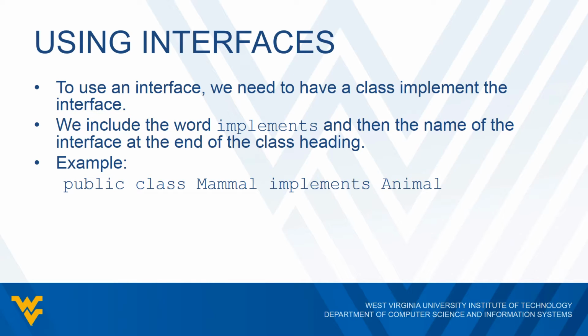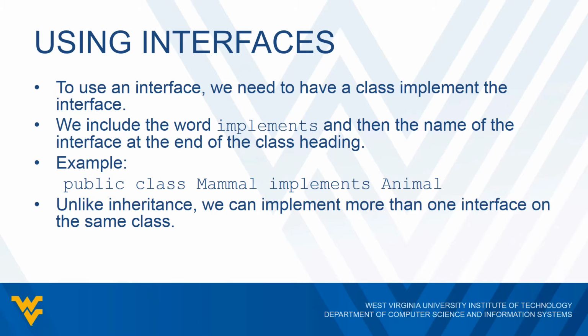Now, why would we have some completely different approach for dealing with interfaces? Well, the key difference between an interface and inheriting classes is that we can actually implement more than one interface on the same class. Because remember, in Java, we can only inherit one class. We can't do extends and then multiple classes. We can only inherit one class.